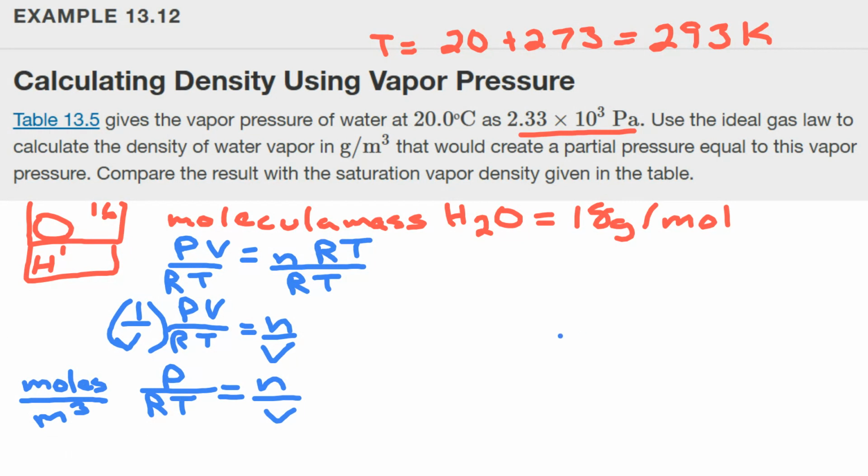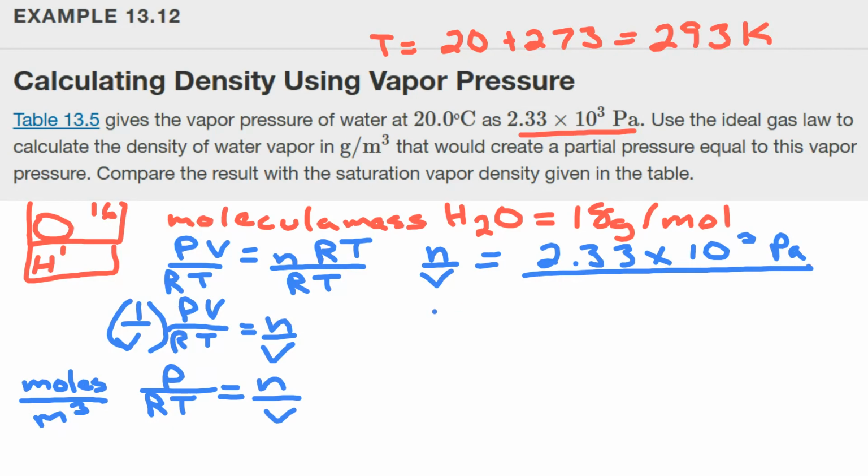All right, so far so good. Now I'm going to plug those values in. n over V is equal to my pressure, which is 2.33 times 10 to the third pascals. R is a constant, so that would be 8.31 joules per mole Kelvin.